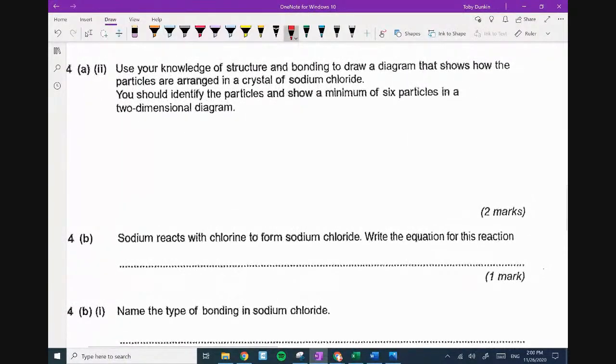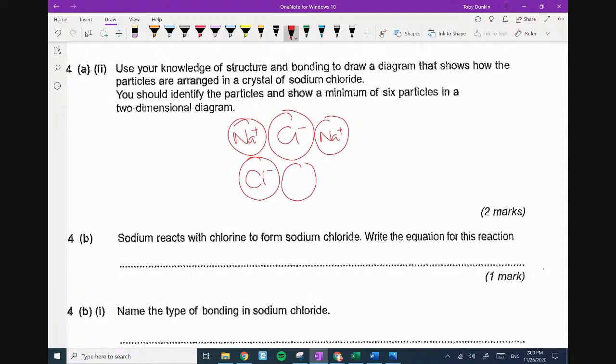Next, sodium chloride, 2-dimensional, 6 particles. Doesn't matter about the size, just as long as there's nice arrangements. There you go. 2 marks. The 2 marks are for the repeating pattern.